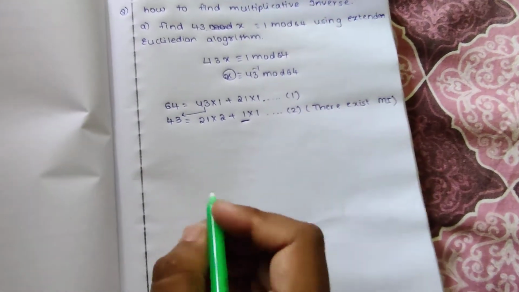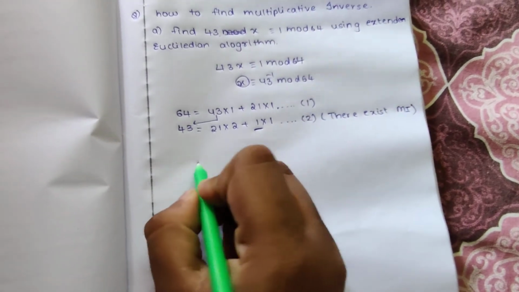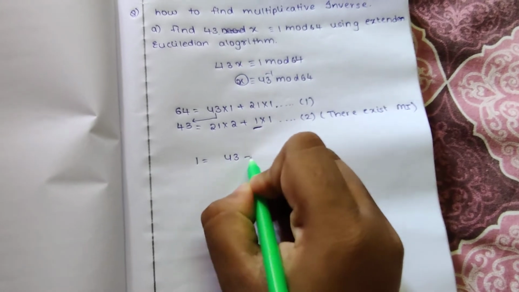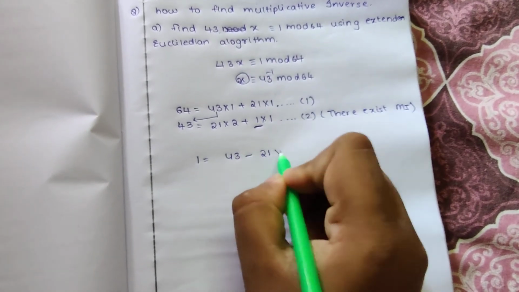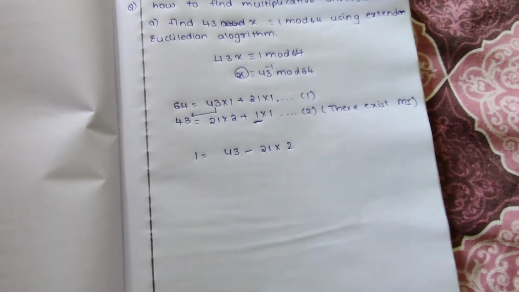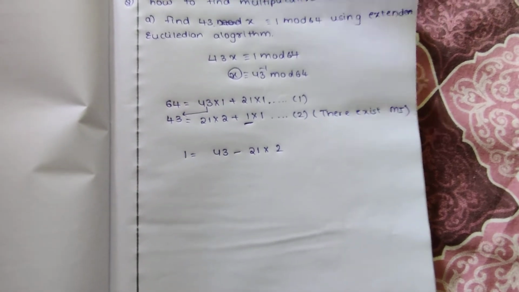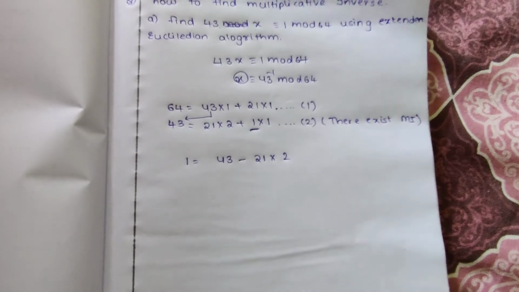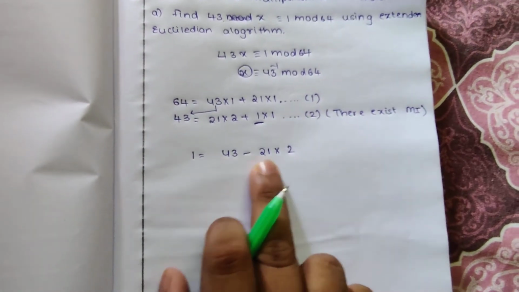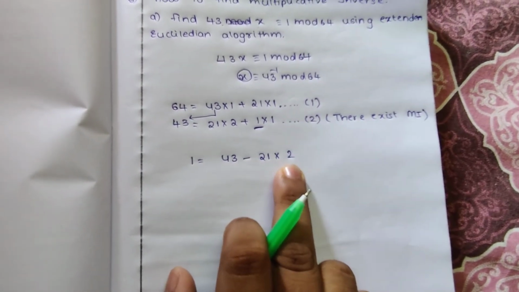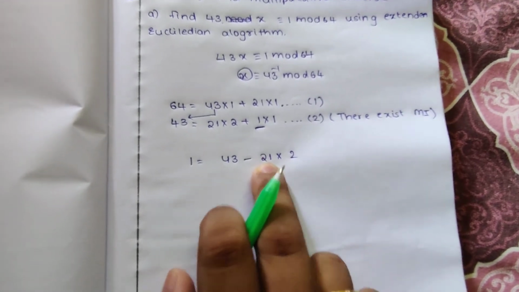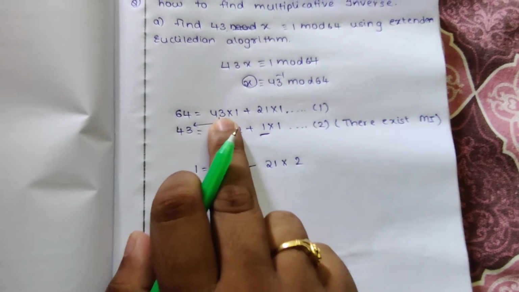Now what we have to do is take 1 is equal to 43 minus 21 into 2. Now in place of 21 we can substitute 64 minus 43.